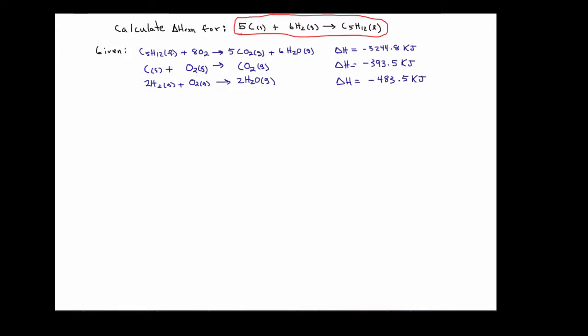Now, our target equation I've circled in red, and you can see that the main thing is there's only one product, and it's C5H12. So when you inspect these three equations, you can see that right out of the gate, we're going to need to reverse this top reaction. We're going to rewrite that going in the other direction.